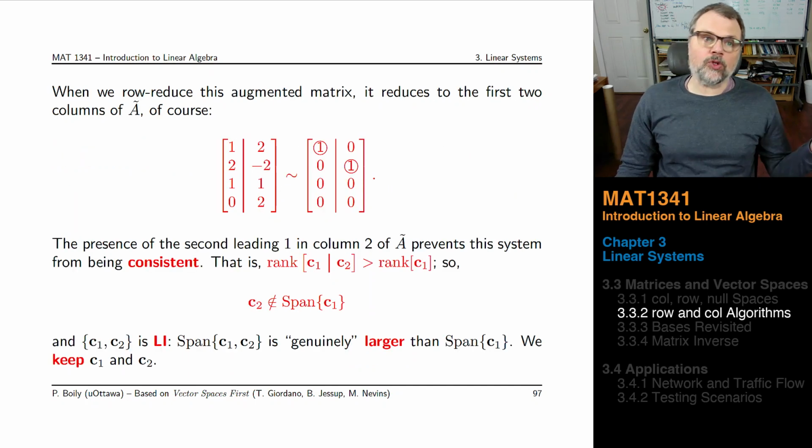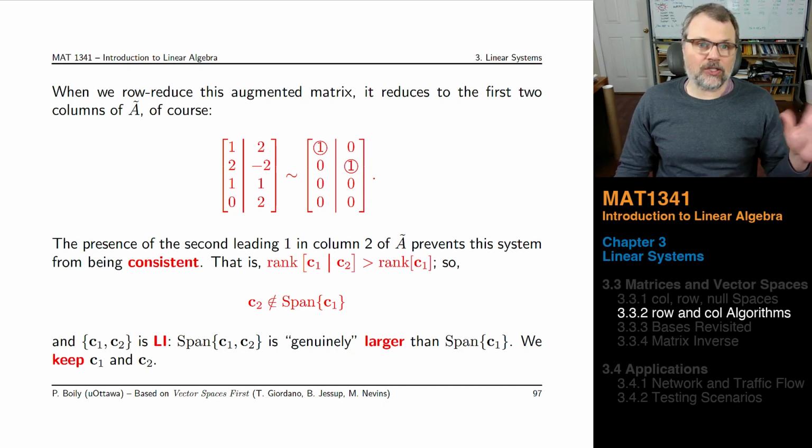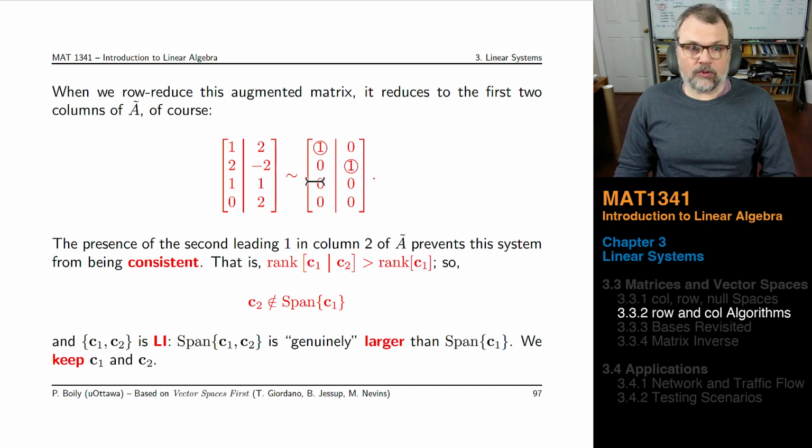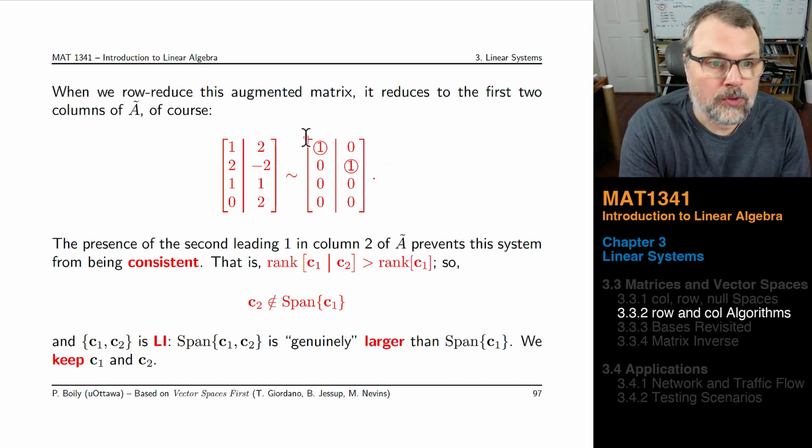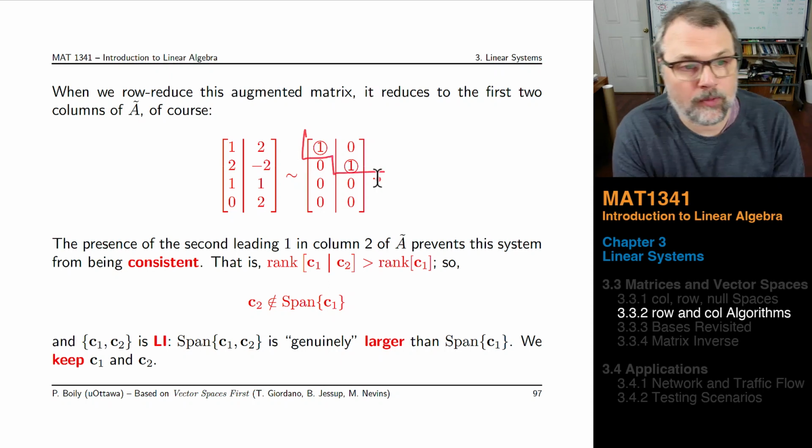When you row reduce the augmented matrix, just C1, C2, you actually get 1, 0, 0, 1, 0, 0, 0, 0, which we recognize as being in reduced row echelon form.